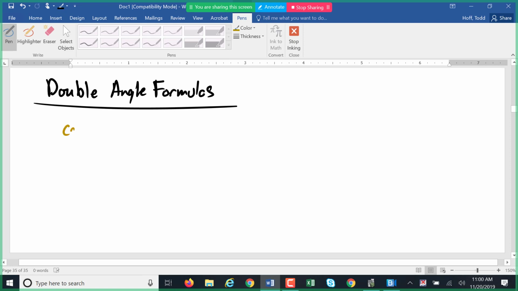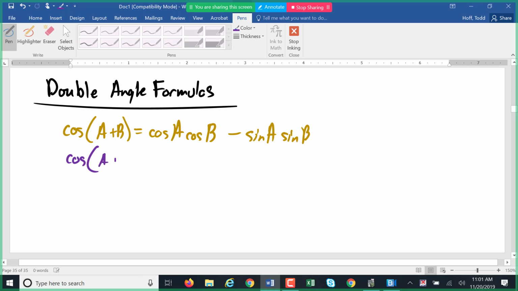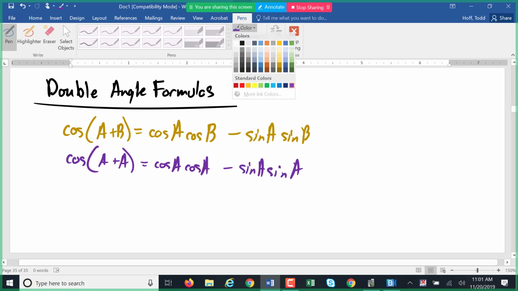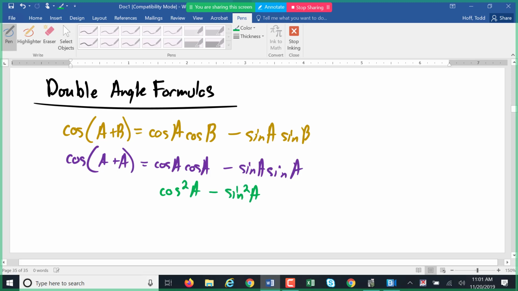The angle sum formula we had, cosine of A plus B, was cosine A times cosine B minus sine A times sine B. Well, if we replace that, a double angle would be basically saying cosine of A plus A. Well, that would be cosine A times cosine A minus sine A times sine A. Well, pretty easy to see that that's just cosine squared minus sine squared.